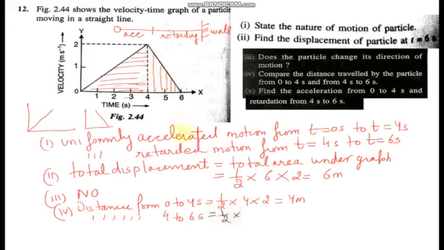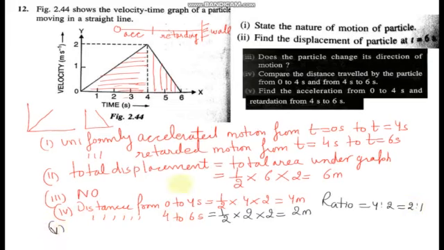So what will be its area? Half into base. अब ये base क्या है? 4 to 6, that means 2. And what is this height? That is also 2, which comes out to be 2 meter. This is the distance. When you have to compare, so when we compare, what is the ratio of these two distances? 4 is to 2, that is 2 is to 1.